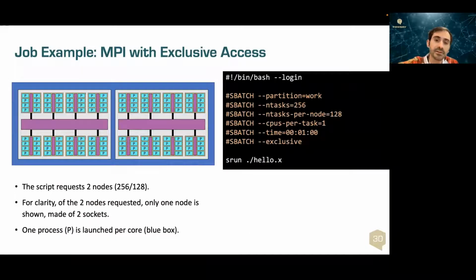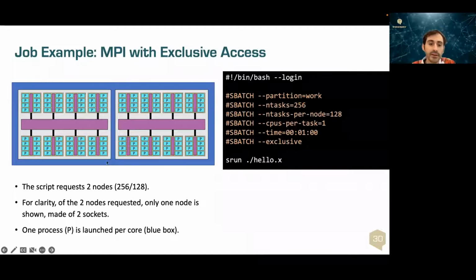Okay, so now I'm just going to go through a couple of practical examples with some numbers of resource requests to give you an idea of what you may want to use depending on the type of program. So the first example is an MPI program, which then needs to run multiple processes with exclusive node access.